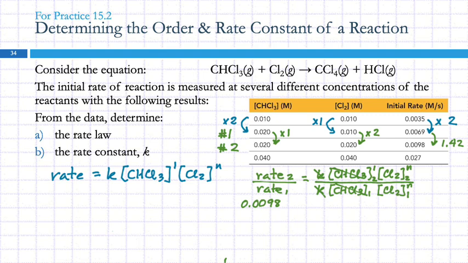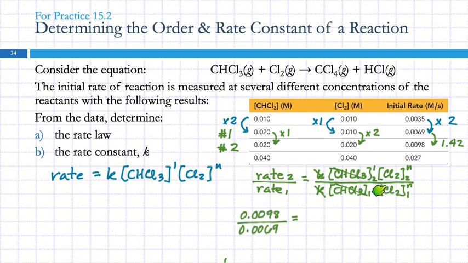And just so it looks a little cleaner, we're going to leave the units off. And we're going to divide that by the first rate. This is the second rate divided by the first rate.